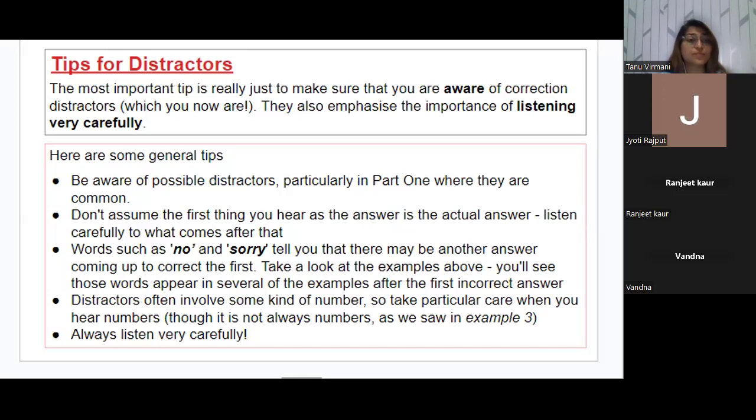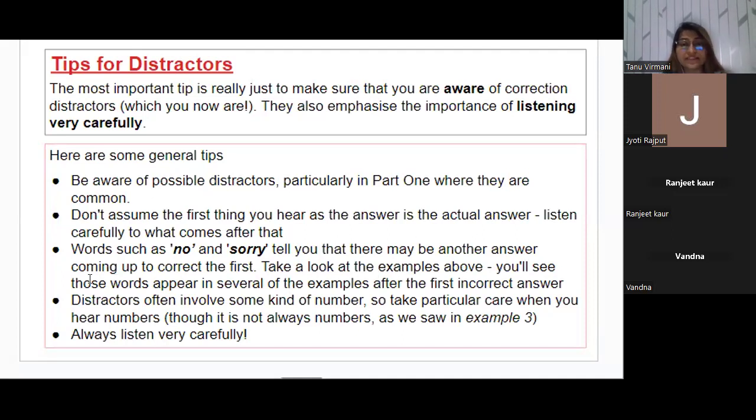So listen to the whole sentence carefully. Words like no and sorry tell you that there may be another answer coming up to correct the first one. Take a look at the examples above.